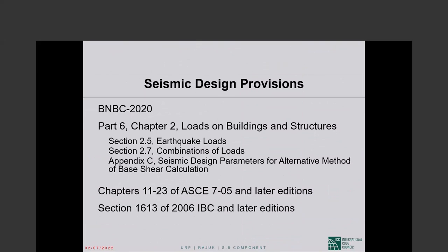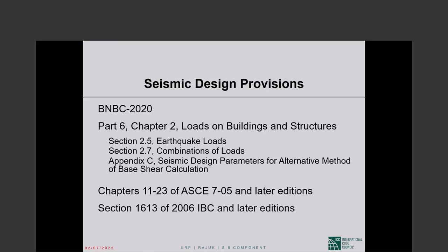Okay, the code, part 6, chapter 2 is loads on buildings and structures. Within that, section 2.5 is earthquake loads. So that is essentially our section today. Section 2.7, which we discussed last week, combination of loads, obviously gets into the picture if we want to do design.